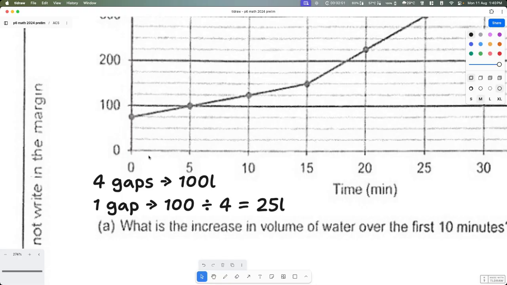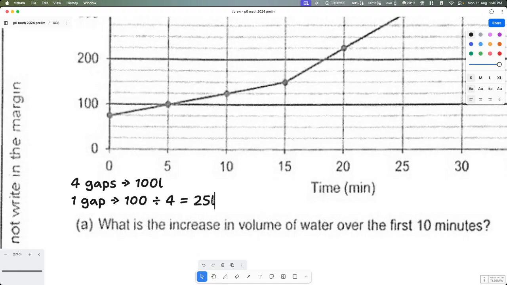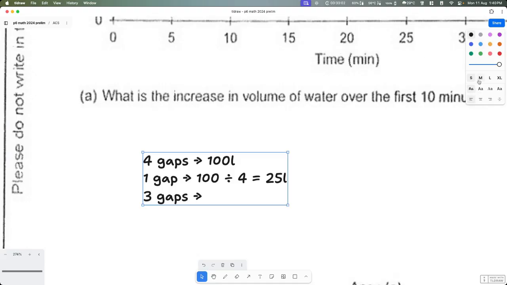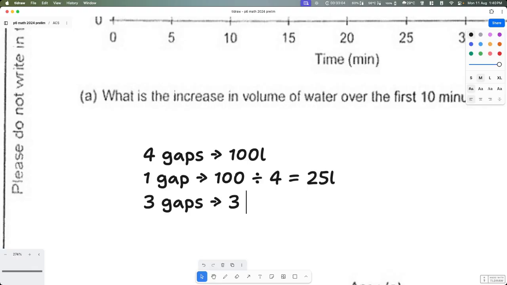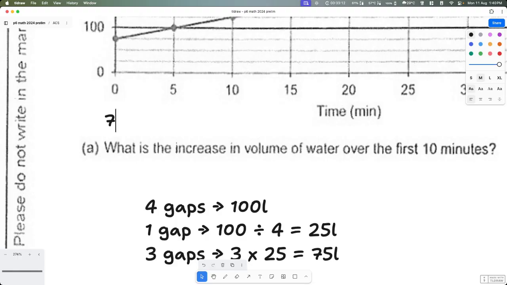So 3 gaps is equal to 3 times 25, and this will give us 75 liters. So 0 minutes over here is 75 liters. I'm going to put here 75 liters.